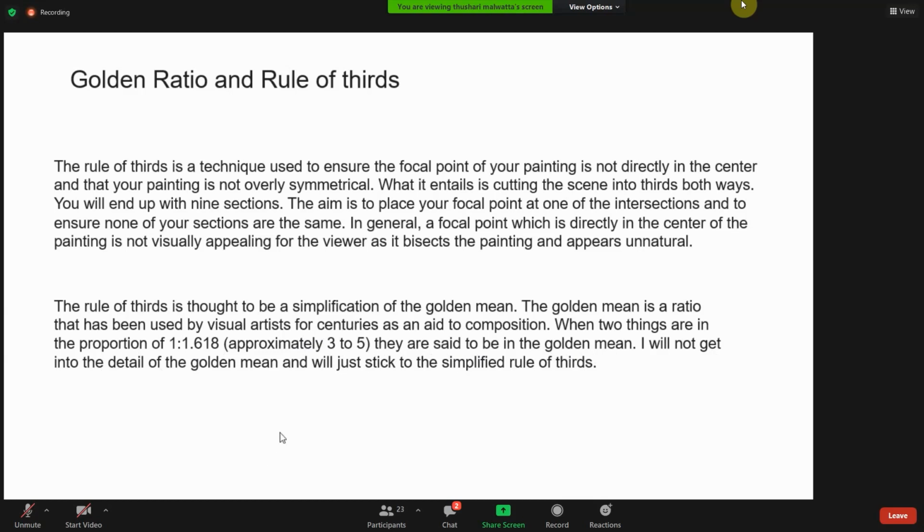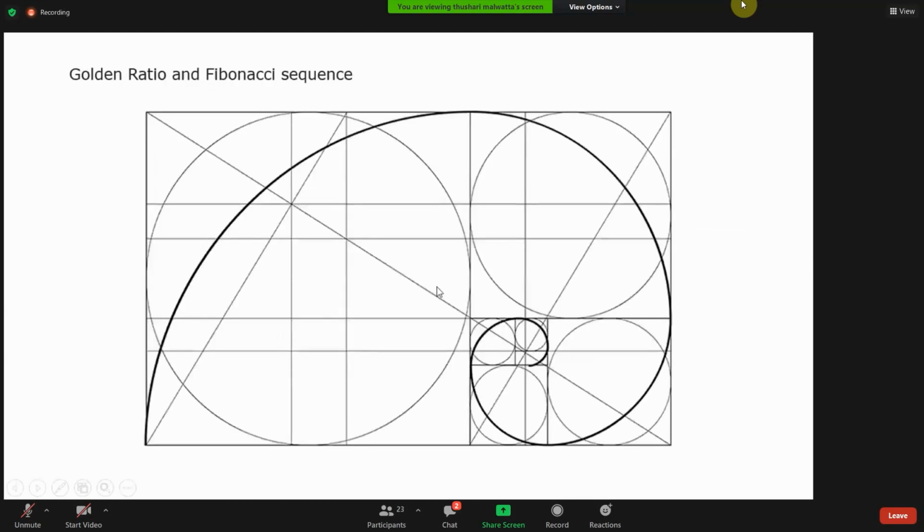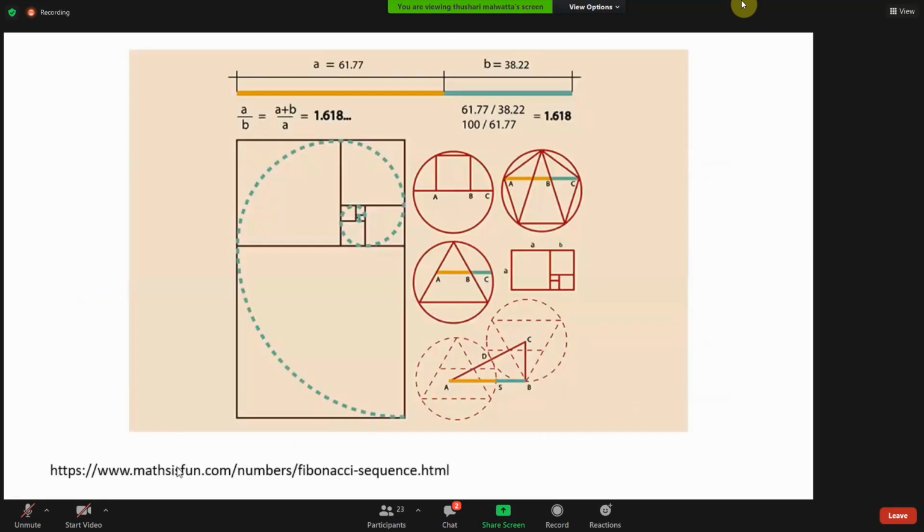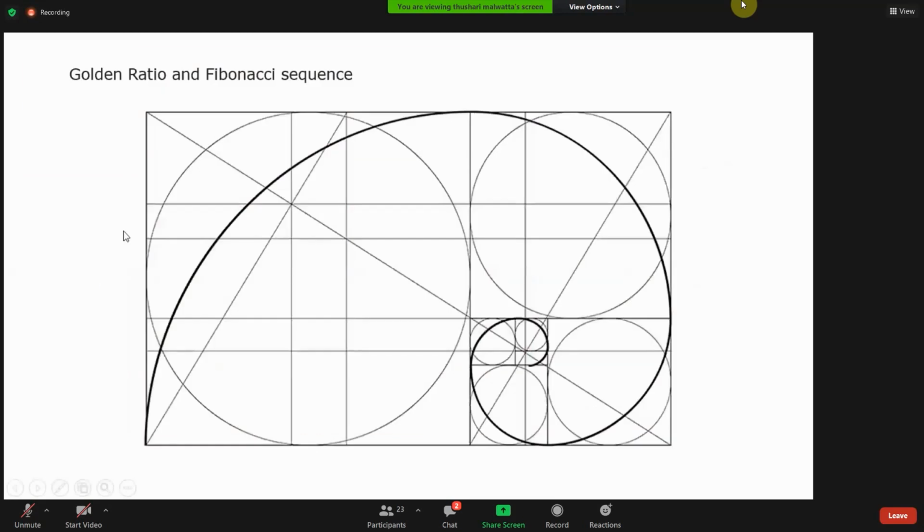So this is the golden ratio or the Fibonacci sequence. Fibonacci is a mathematician. I think you may all know this better than me. So Fibonacci is a sequence of numbers found by the mathematician called Fibonacci.